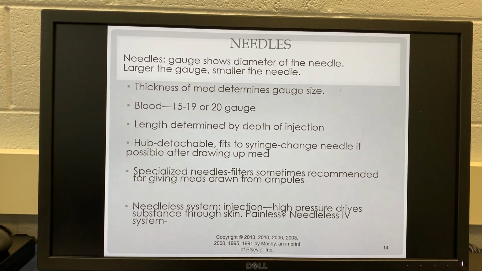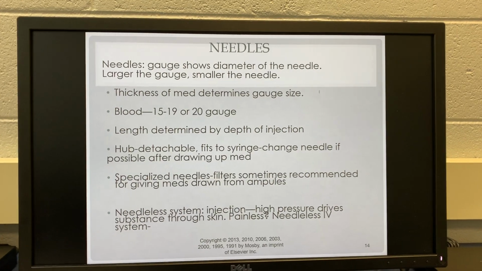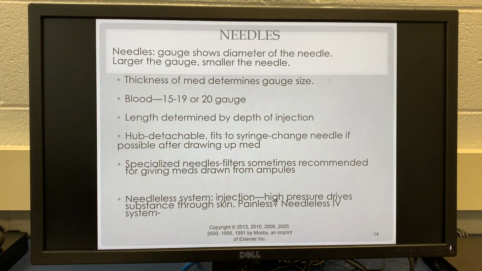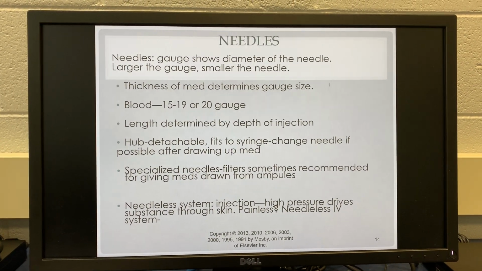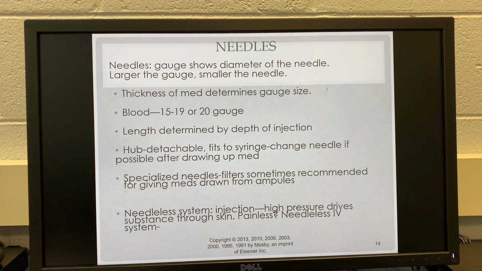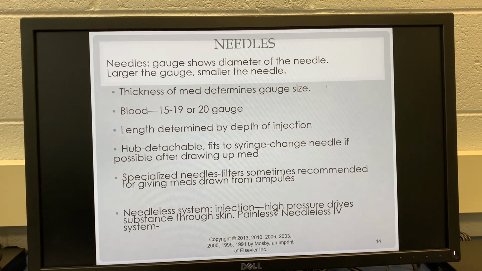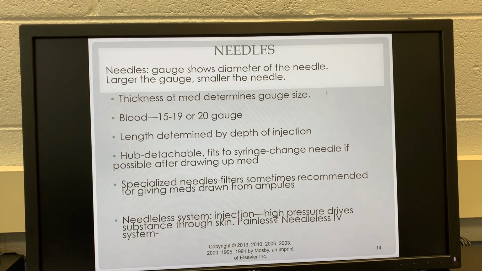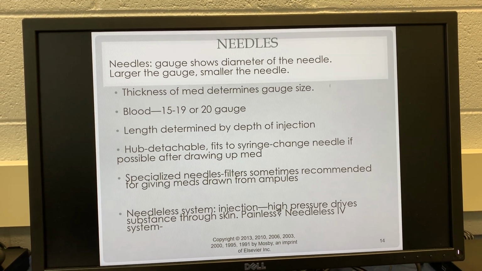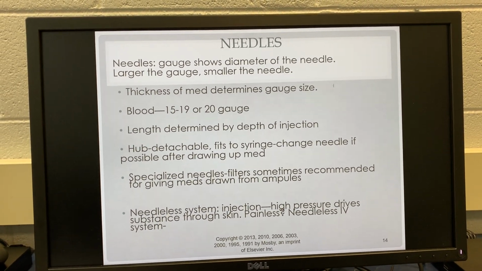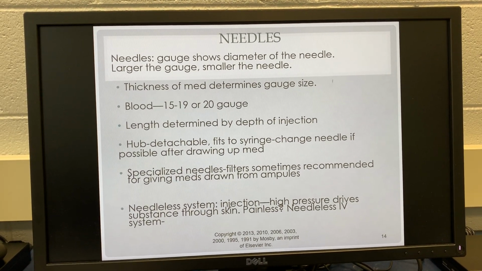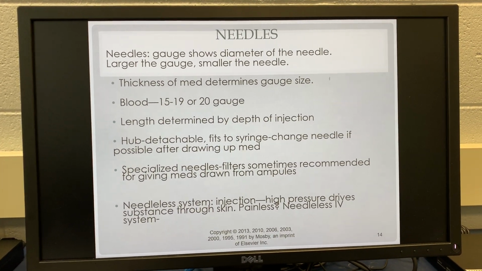Needles. Needles are measured in two ways. You're going to assess the needle length and the needle gauge. The gauge shows the diameter of the needle across, how big the needle is from side to side. The smaller the gauge, the larger the needle.